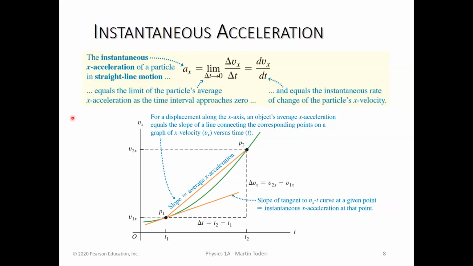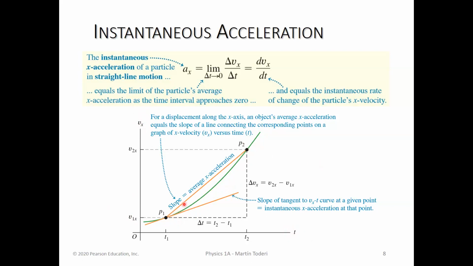If we graph now, please pay attention, we have velocity here and time here, so it's not position anymore, we're graphing velocity. Velocity will have a specific shape of a function, and then we can do the same analysis: take 2 points of that change in velocity, make the distance between them really, really small in the graph, and then the slope that we get is going to be the instant acceleration.